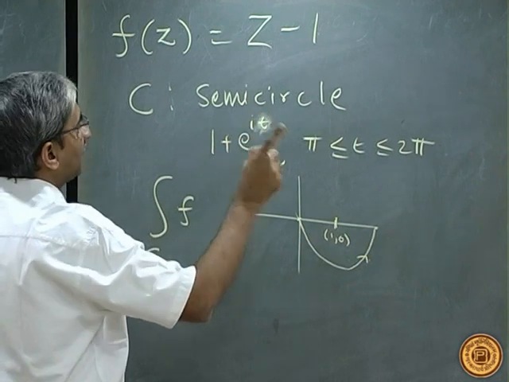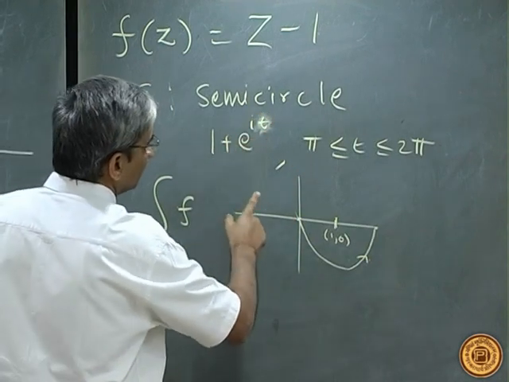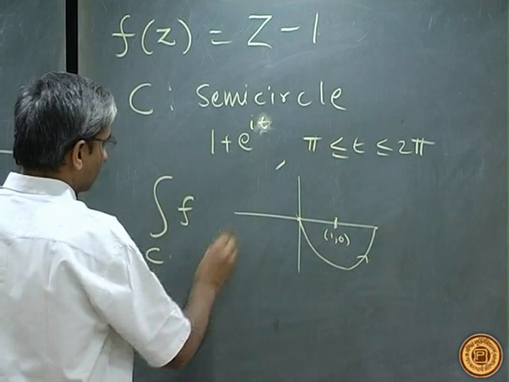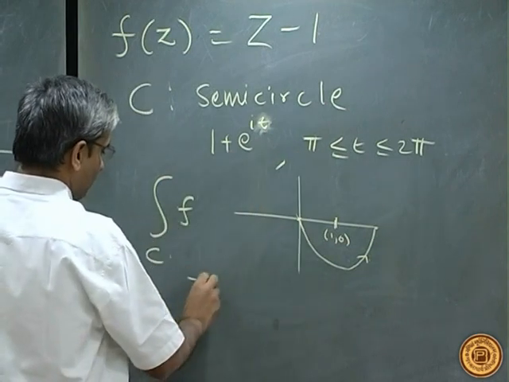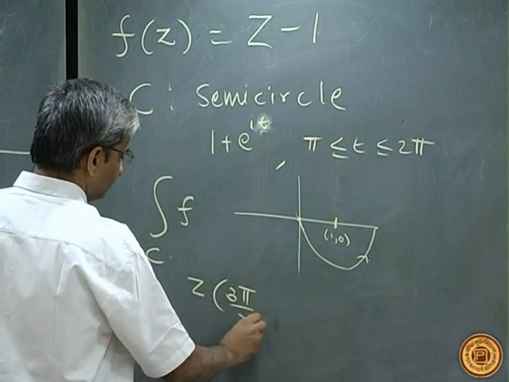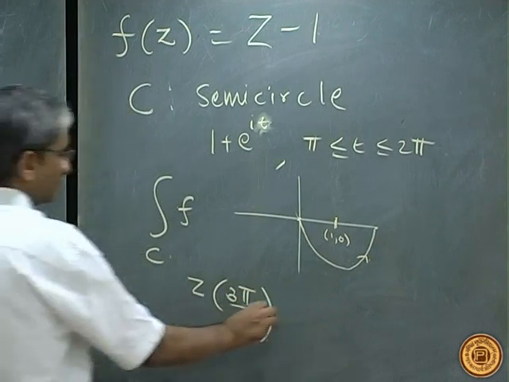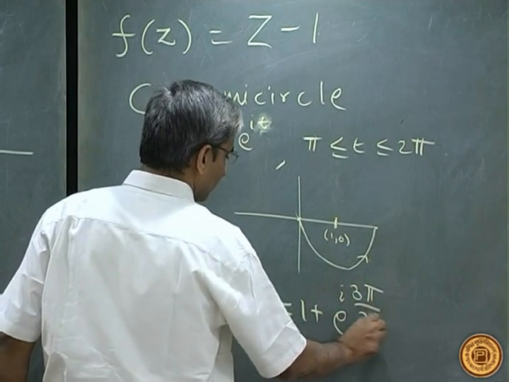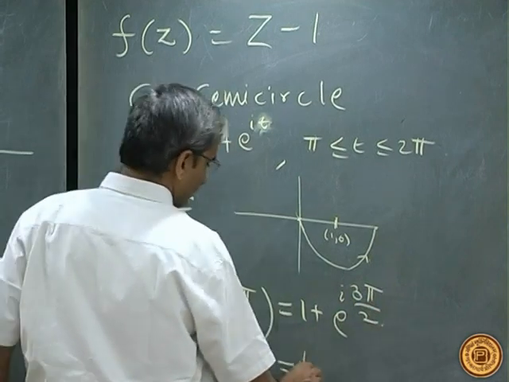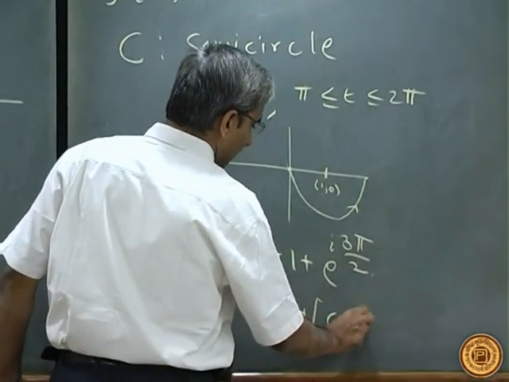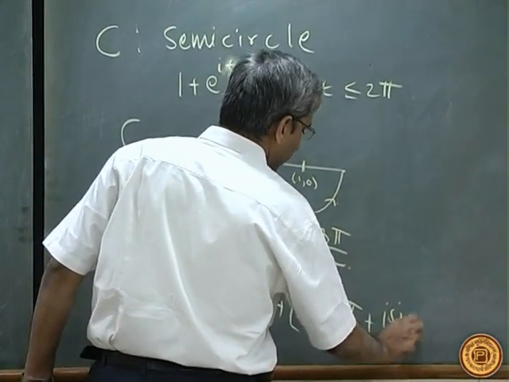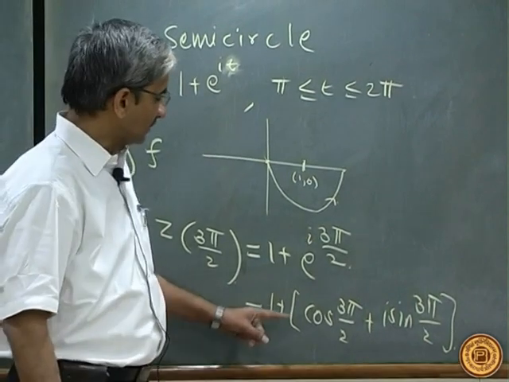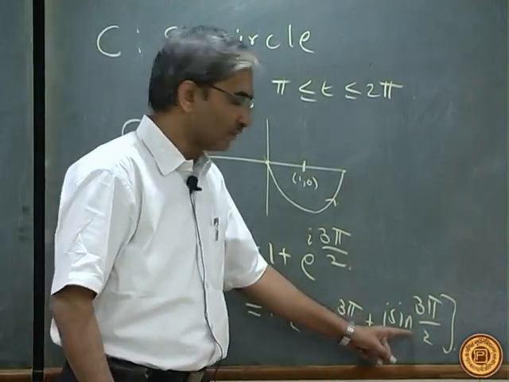Let us find out z of 3 pi by 2, that is 1 plus e raised to i times 3 pi by 2, that is equal to 1 plus cos 3 pi by 2 plus i sin 3 pi by 2. cos 3 pi by 2 is 0, sin 3 pi by 2 is minus 1.